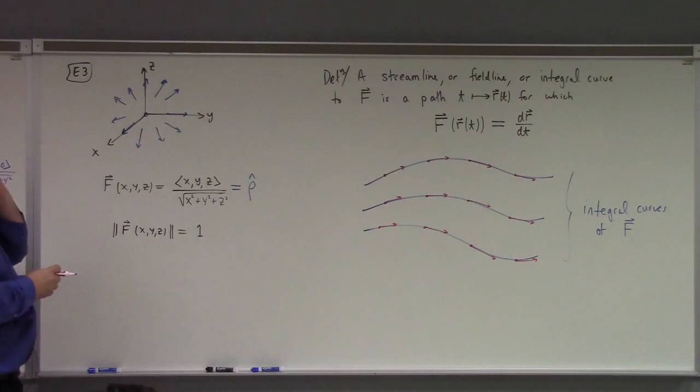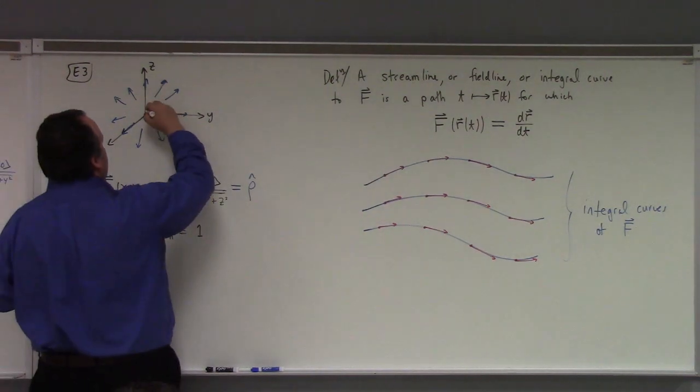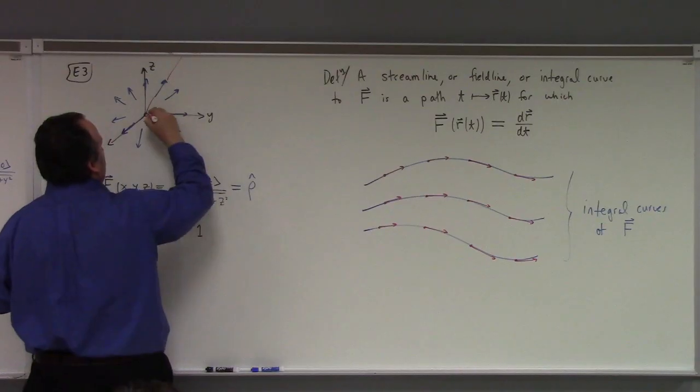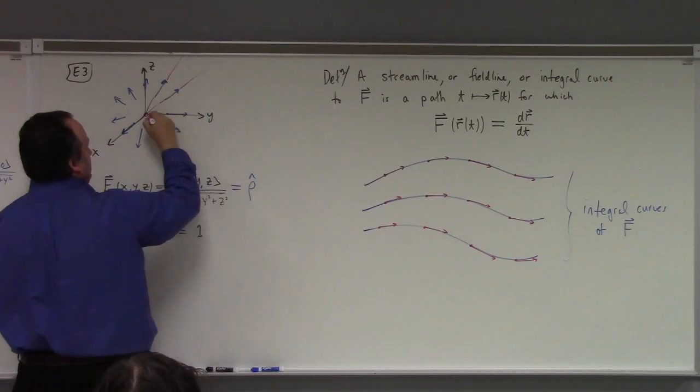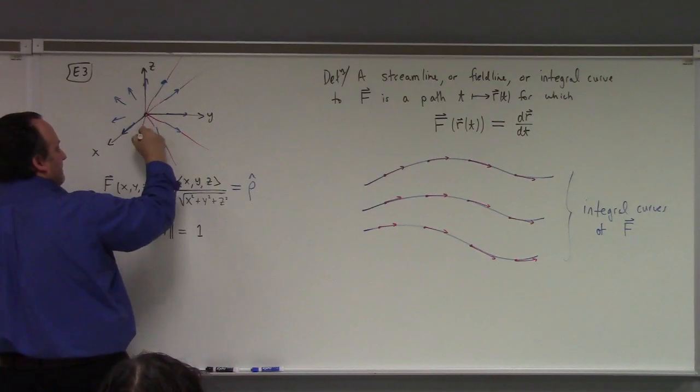What are the integral curves for my example 3? They're the normal lines to the unit sphere. Sure, you're not wrong, but what I was fishing for is simply lines from the origin.